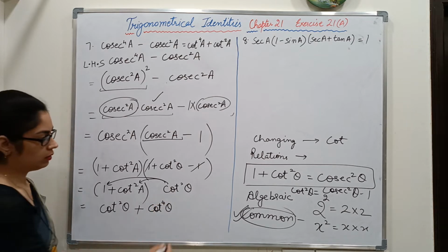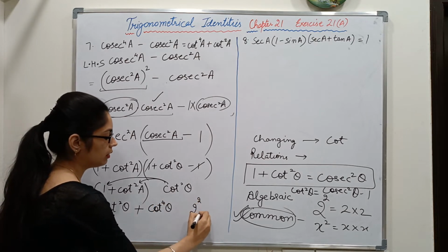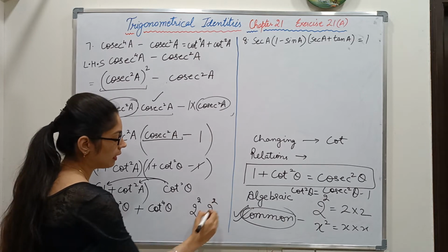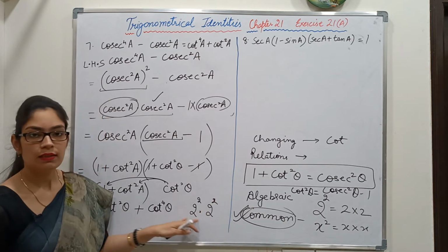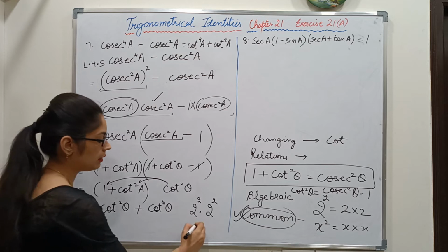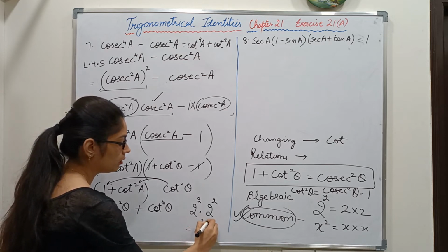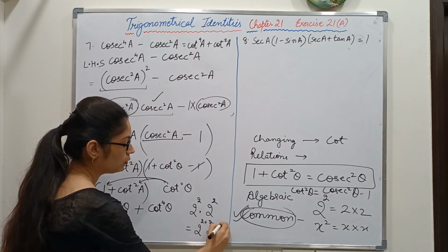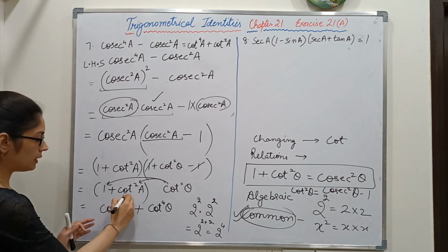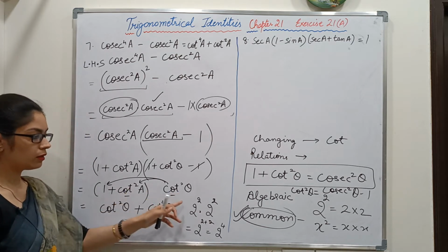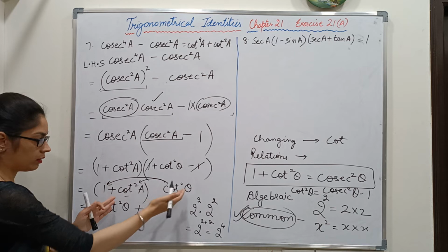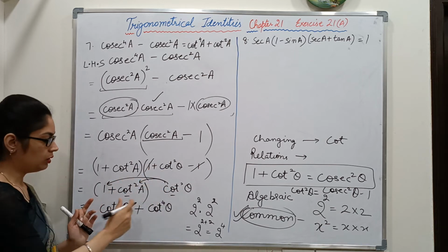Why 4? Because we have learned in exponents in smaller classes that when bases are the same, powers will get added. So 2 plus 2 is 4. So here also the bases were the same, cot, and the powers were 2 and 2.